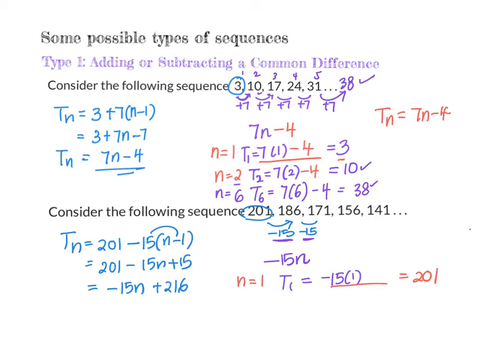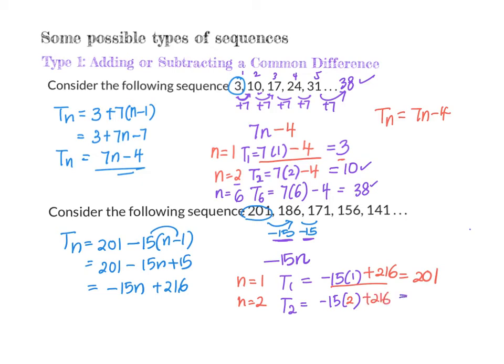Well, I need to add 201 plus 15, 216. Let's check. If n is now equal to 2, if I were to follow this formula, term 2 will be negative 15 times 2, and I'm going to add 216.